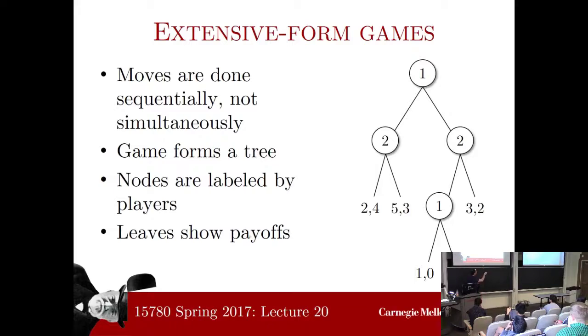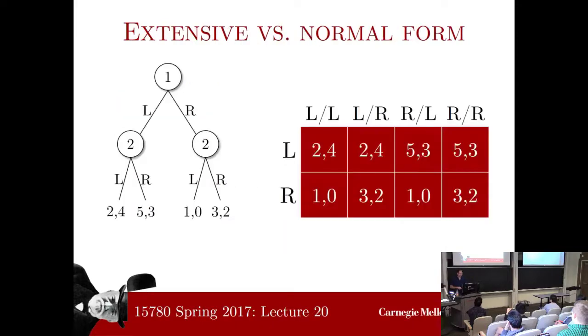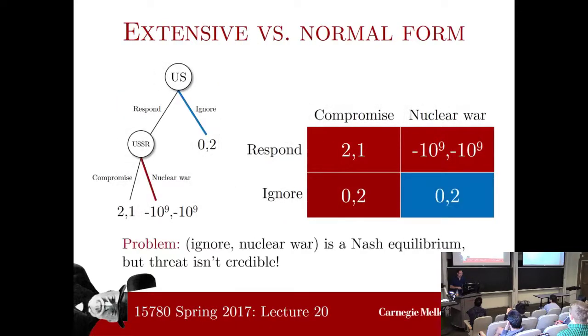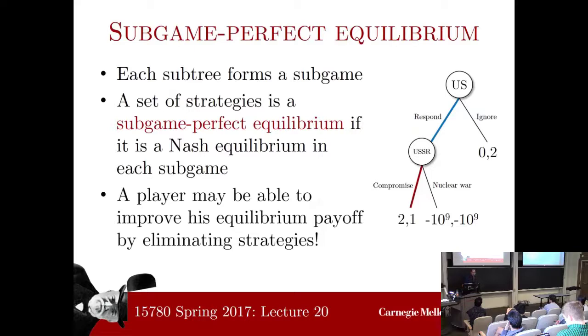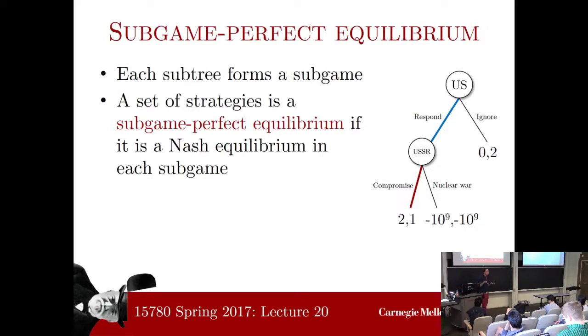And this is another game which player 1 plays with himself. So he is the only one who takes an action, and he can go left or right. So the point is every subtree is a game. And the subgame perfect equilibrium is one where this set of strategies is a Nash equilibrium in every subgame.